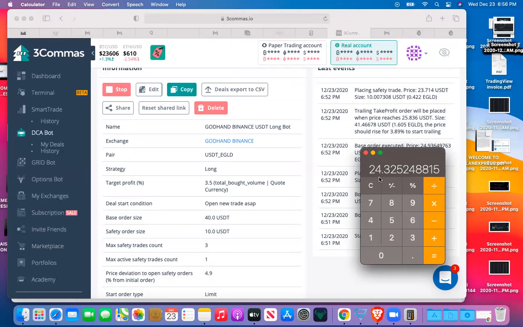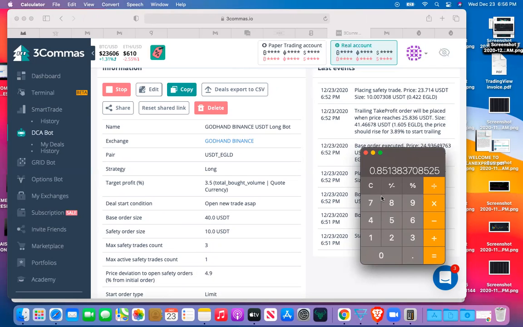Now 3.5% of this. So multiply by 0.035. Okay, so that is 0.8.